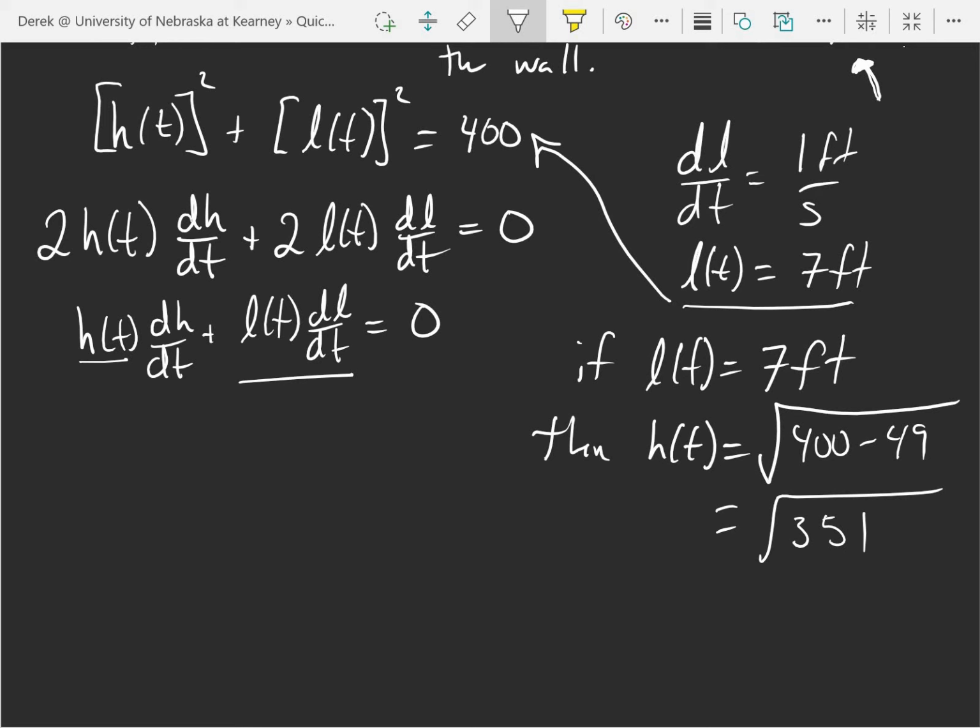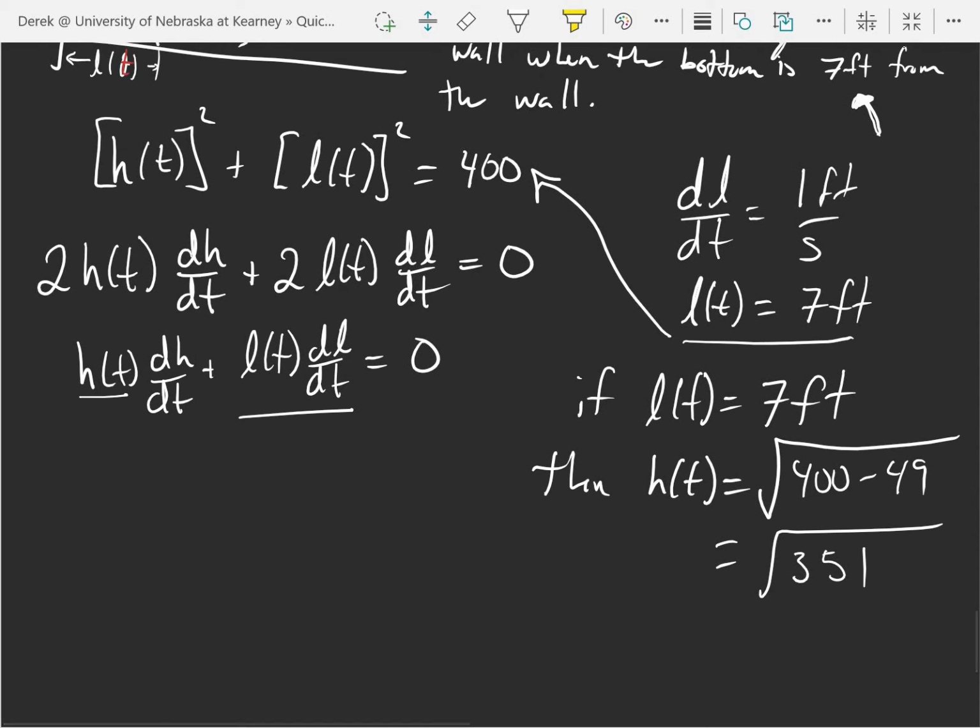No. Anyway, we get the square root of 351, which is divisible by 3, so it can't be 19 squared.